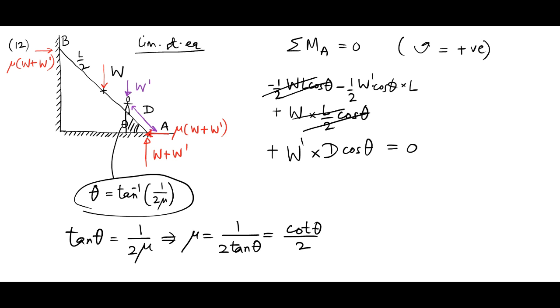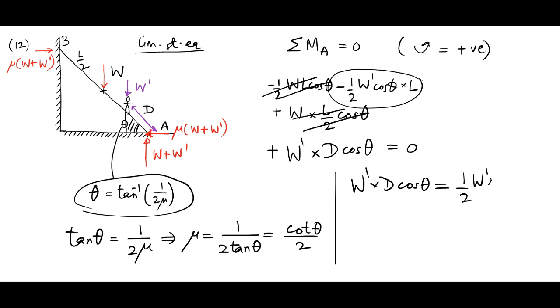Now do some rearrangement. You just take this term on the right hand side. So you get w dash multiplied by d cos theta equals half w dash multiplied by L multiplied by cos theta, and the cos theta term cancels, w dash term cancels.